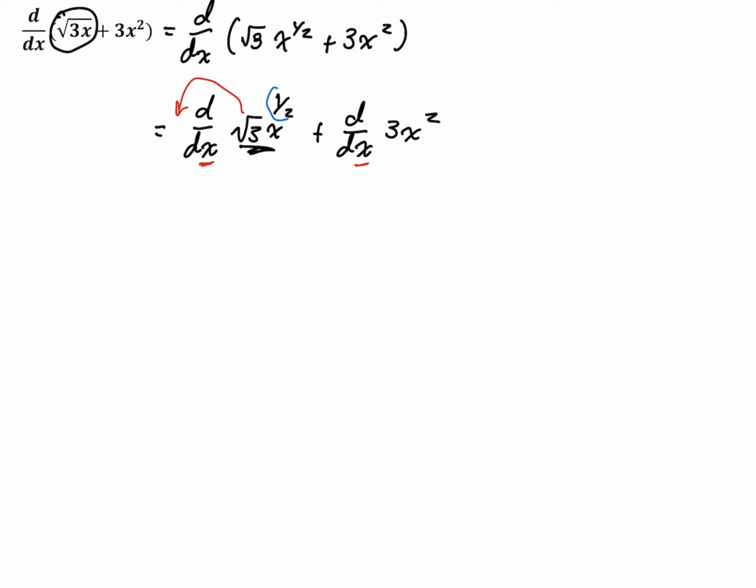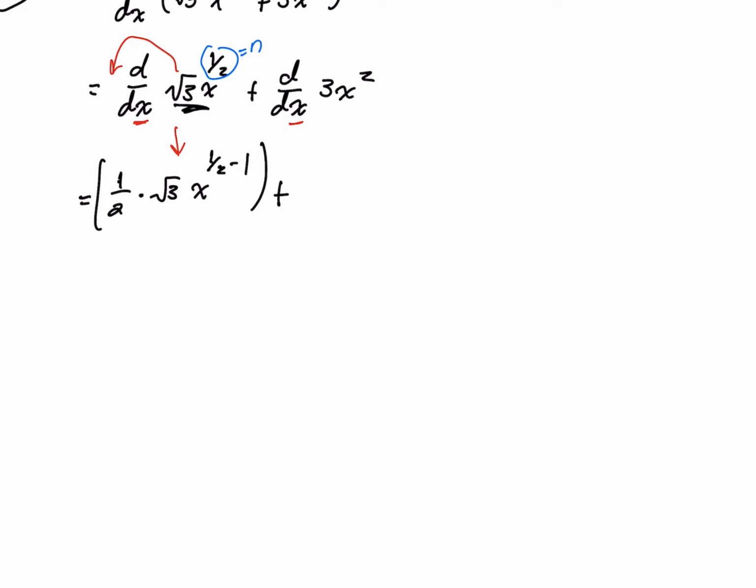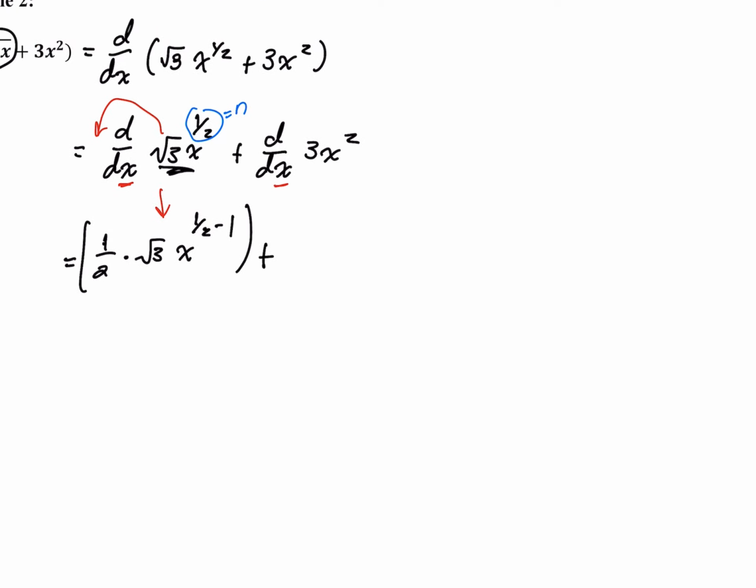So we know that here n equals 1 over 2. All right, so this equals 1 over 2 times radical 3 x to the 1 half minus 1. All right, so there's the first term, plus the derivative of 3x squared.